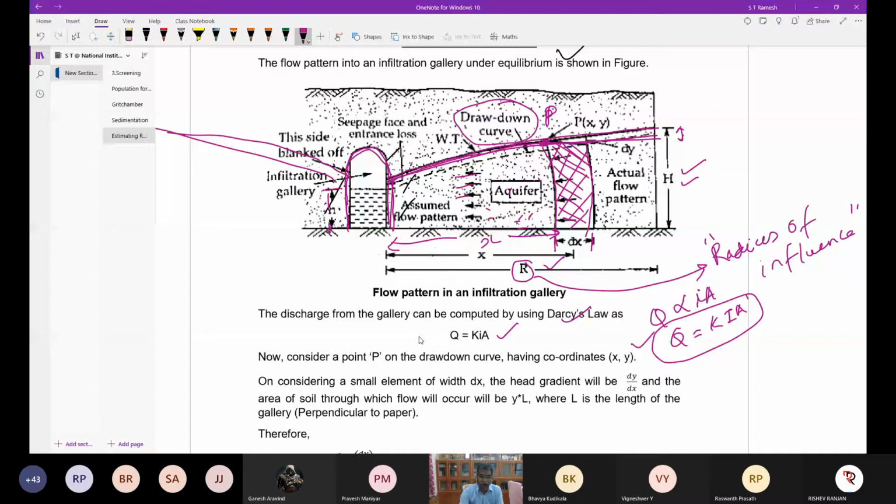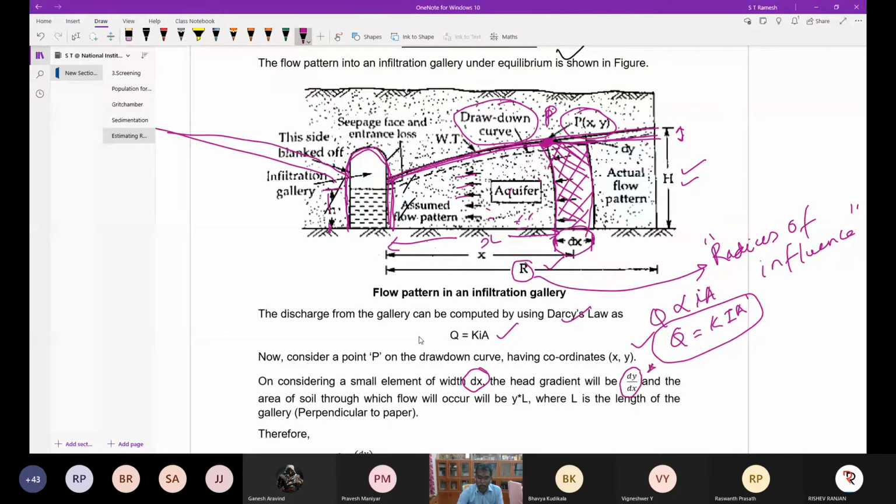Now consider a point P on the drawdown curve which has coordinates of x and y. On considering a small element of width dx, obviously the hydraulic gradient will be dy by dx.